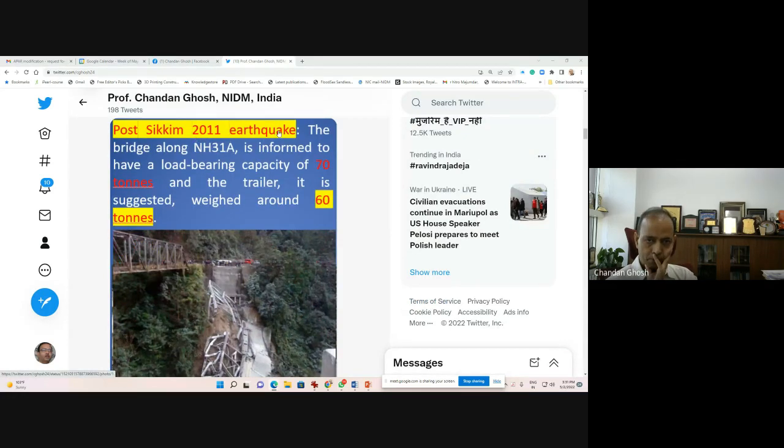Post-Sikkim earthquake. Earthquake happened on 18 September 2011, and on December 8, just around 3 months after that, a bridge along NH31A is informed to have a load bearing capacity of 70 ton.